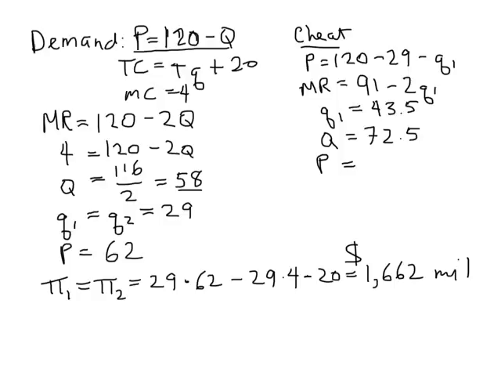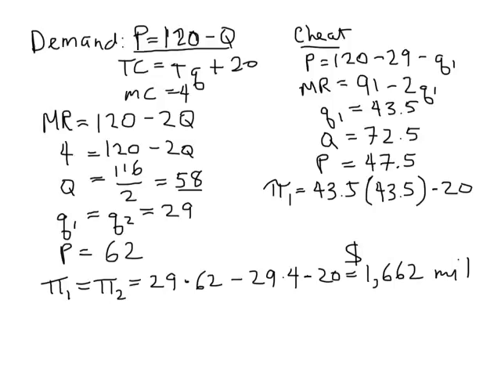So price is equal to 120 minus 72.5, which is 47.5. And the profits of firm 1 are 43.5 times 43.5 minus 20.